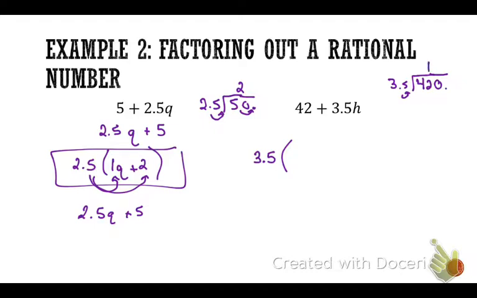One. And then you got 35 and a 70 left over. So 35 goes into 70 how many times? 2. So that's going to be a 12. So 12 plus what's going to be left with the h? 1h. Okay, and that's going to be my answer.